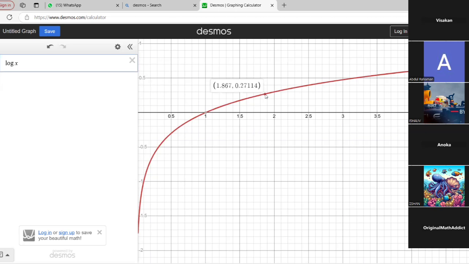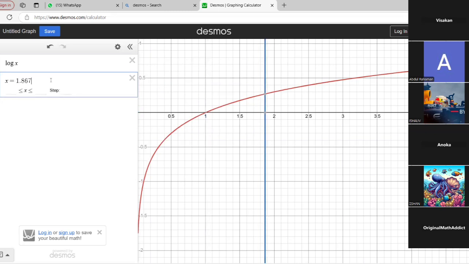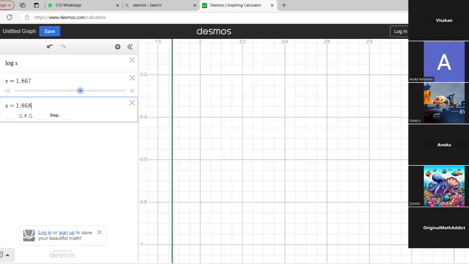Can you see? 1.867 comma 0.27114. I'll mark it so that we can do some calculation. I'll put x equal to 1.867. Follow this closely. And also take a very close point, 1.868. You are not able to see them because I have taken them very close.